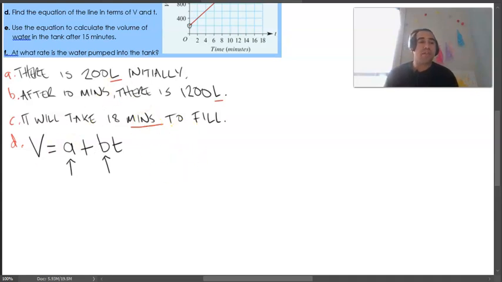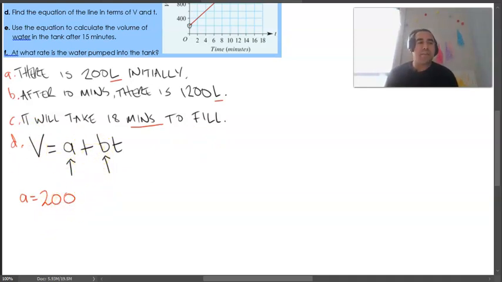So we can find A, and we just know that A, the letter A, not the question A, is equal to where that initial amount is, so it's 200. Okay, so A is equal to 200. I don't need to write L in this case because we're just finding a numerical answer to put into our equation. Okay, so we're not showing the worded context of this part yet.